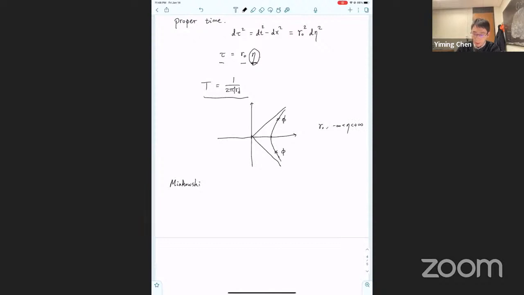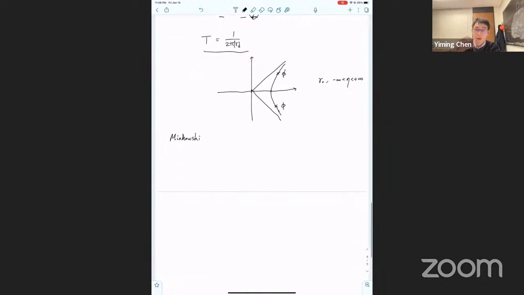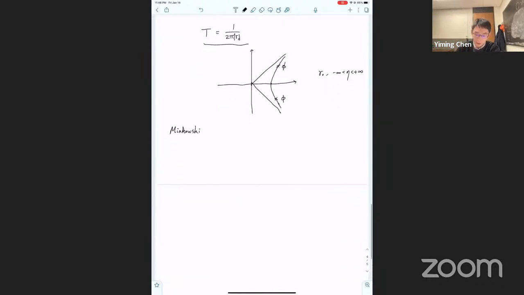And one physical way of thinking about the temperature as measured by this observer is to think of, for example, the 2-point function of the scalar field that this observer measures. So we can now compute this 2-point function. It's just in Minkowski vacuum, so it's super easy to compute.